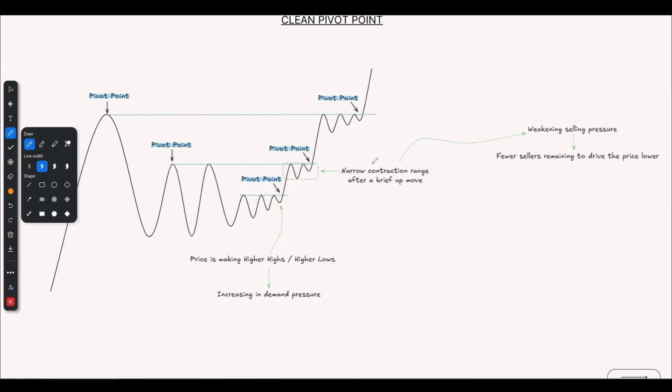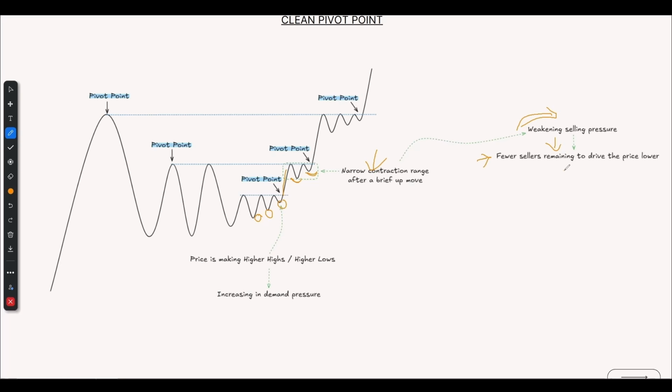So a narrow contraction range after a brief move tells us that the buying pressure is still intact, which was happening from here, here, here, and it is still intact here, because a narrow contraction range means that the selling pressure is weakening at each higher low, and that tells us that the stock has fewer sellers remaining to drive the price lower.